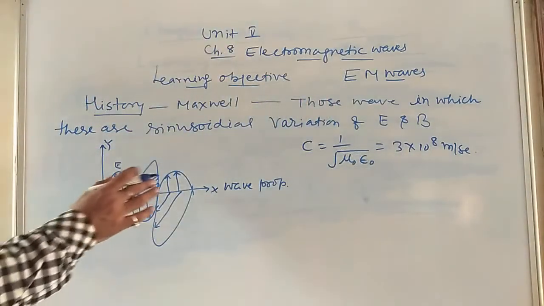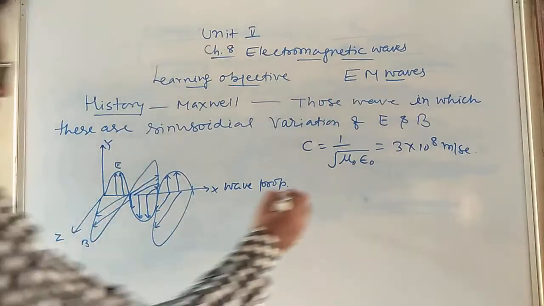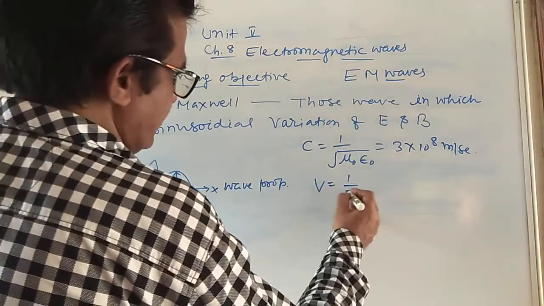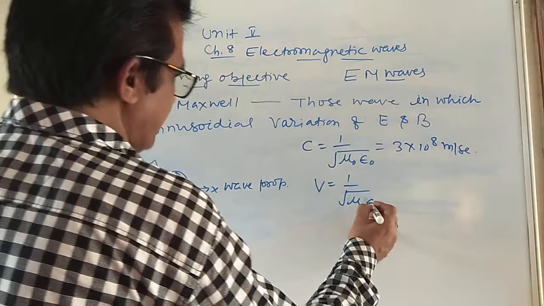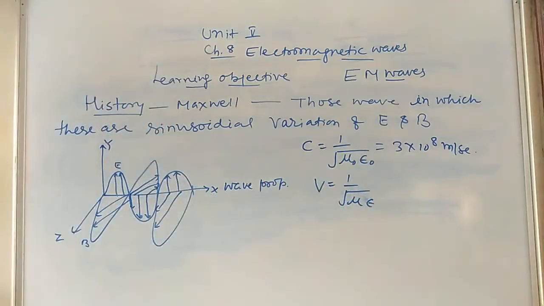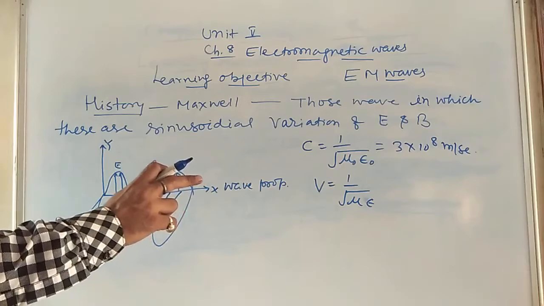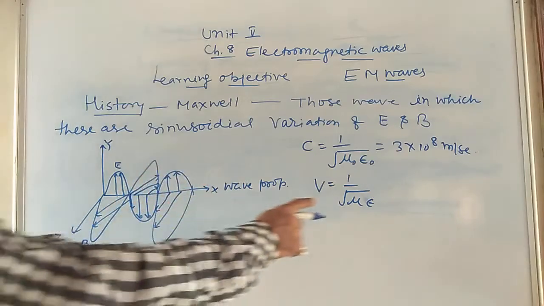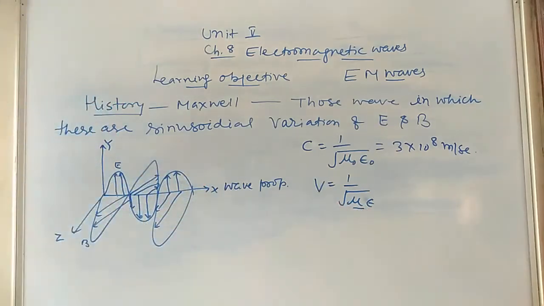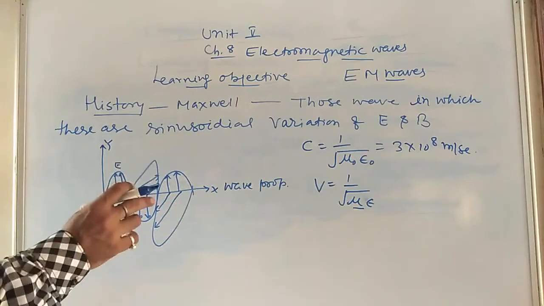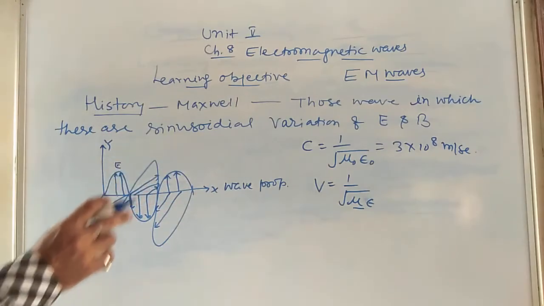Velocity of electromagnetic wave in a medium, V is equal to 1 by under root of mu epsilon. Mu is the absolute permeability and epsilon is the absolute permittivity.